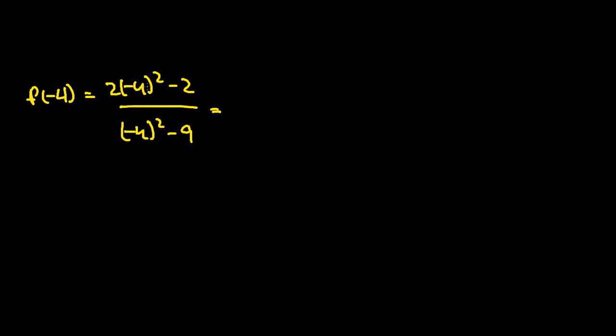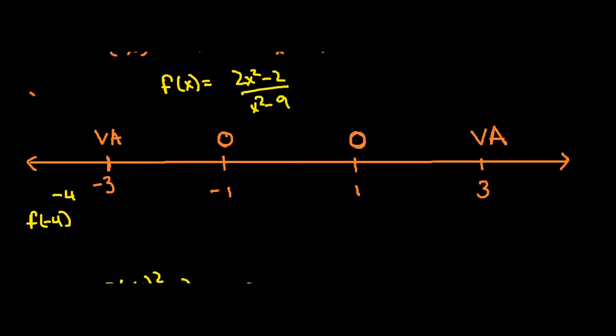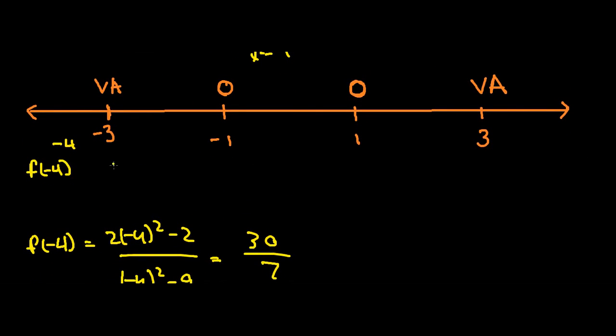This is going to be positive 16 times 2, that's 32, minus 2, that's 30. Minus 4 squared is 16, minus 9, that's 7. So we're going to get 30 over 7. So this is a positive number.